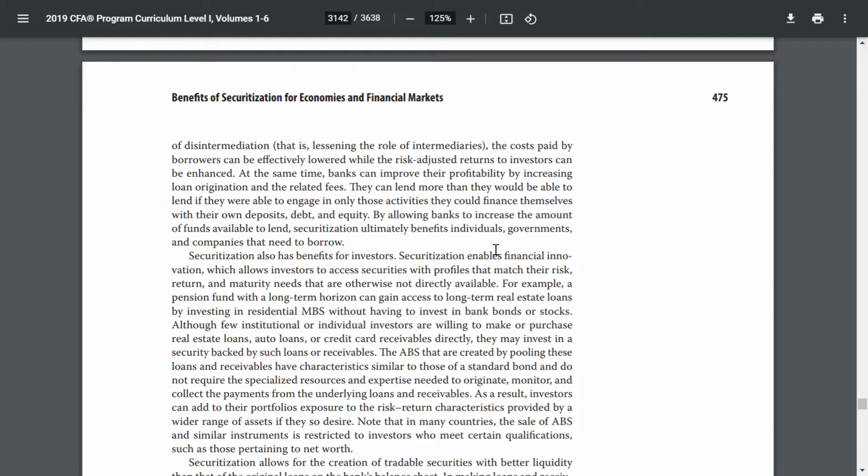At the same time, banks can improve their profitability by increasing loan originations and the related fees. They can lend more than they would be able to lend if they were able to finance themselves with only their own deposits, debt, and equity, by allowing banks to increase the amount of funds available to lend. Securitization ultimately benefits individuals, governments, and companies that need to borrow.